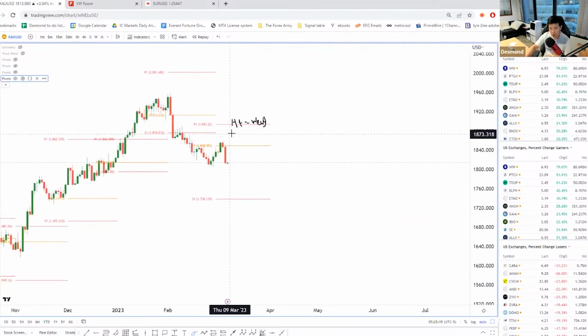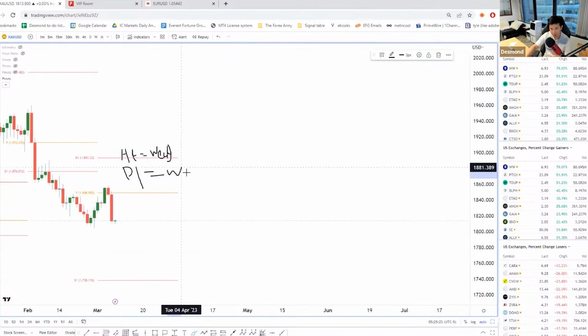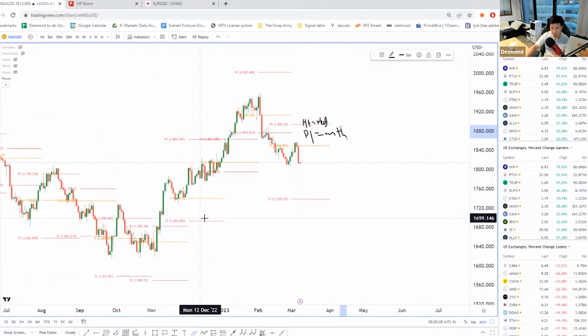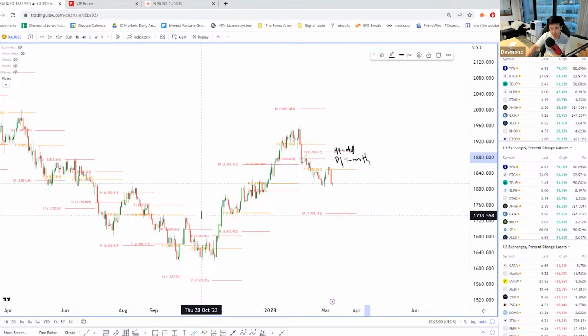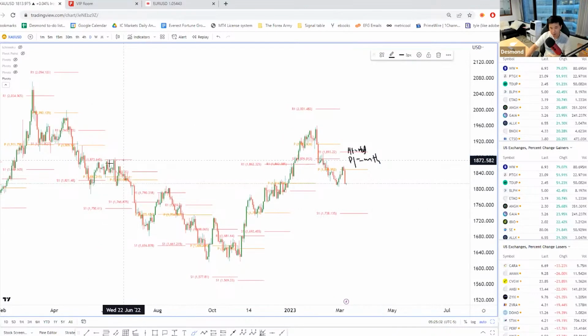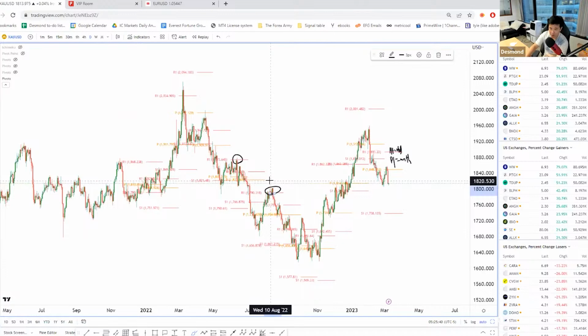So on the D1 chart, you're using monthly. It gives you a bit more time to react. And you can see that price actually does react pretty nicely on certain areas. Not every one works out well, but I will show you how to get the most out of it in a bit.